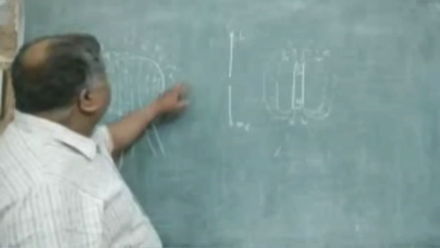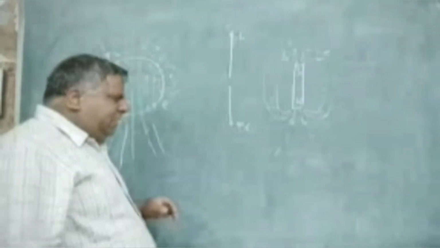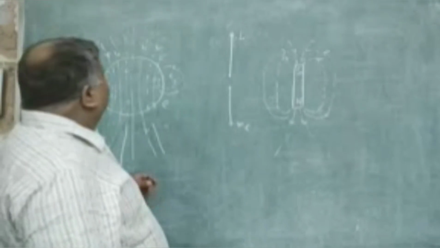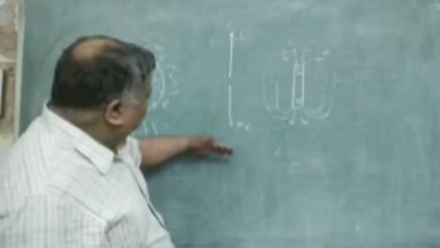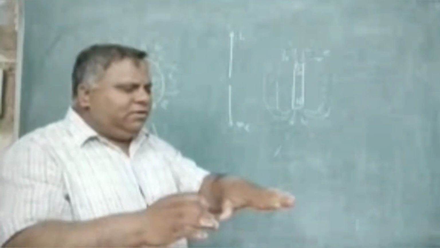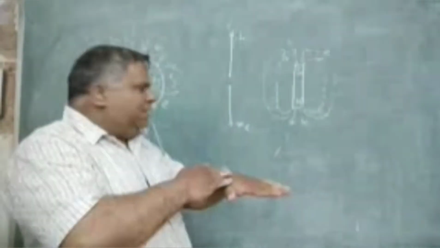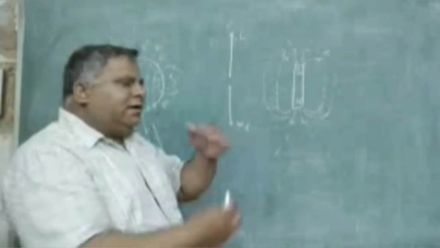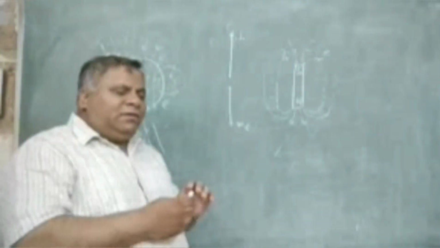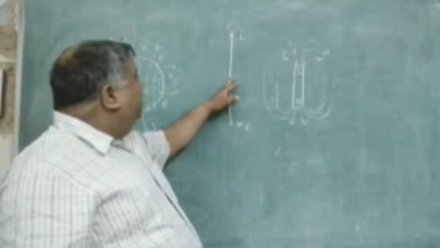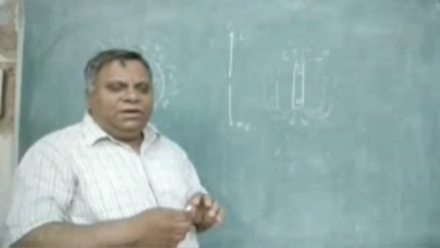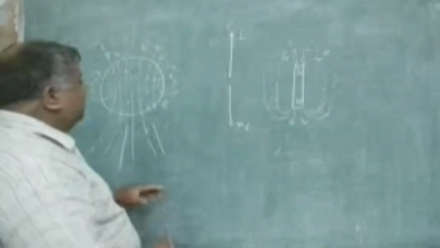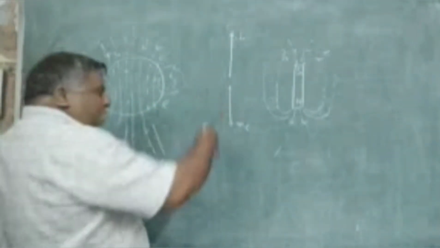If the electron is circulating in the anti-clockwise direction, and if the plane of the orbit is the xy plane, it is like this. Since the electron is moving with a certain velocity, the angular momentum is also associated with this, which is opposite to this.